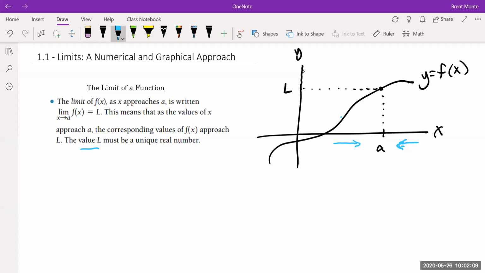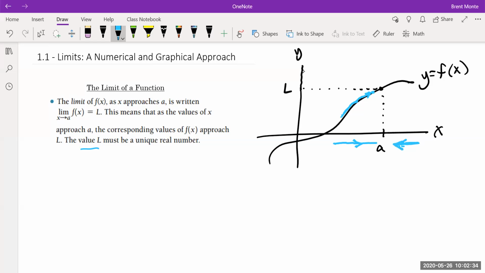That means as I'm riding along the curve, going this way towards an x value of a, my y value is going up here. And we're saying, what value is that getting close to? The closer this x value gets to a, the closer the y value straight up from there gets to this L up here. And as I come in from the right side, same thing.